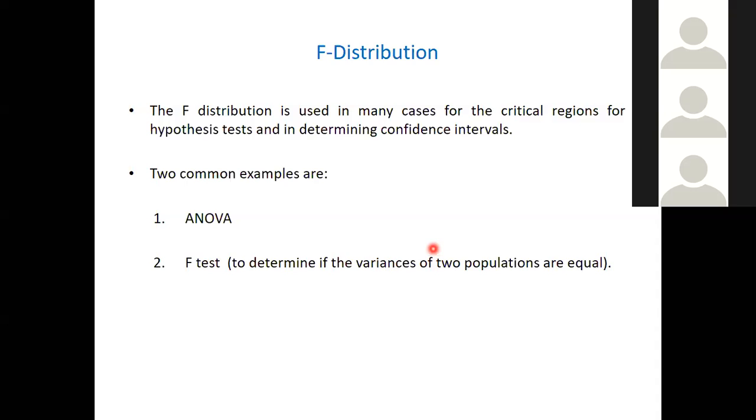That is the F test used to compare two variances. Anova also compares two variances, but this one is a special case where the numerator is the variance between and the denominator is the variance within. So what I just said is for you to know that when you are comparing two variances, whichever way, either Anova or the F test, it is helping you to test the difference between two variances.